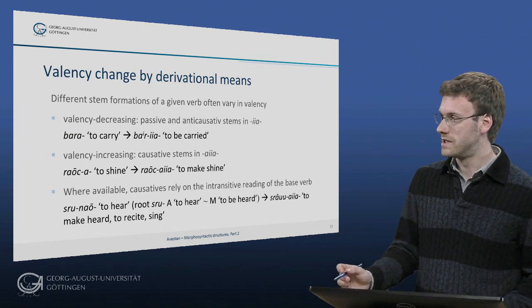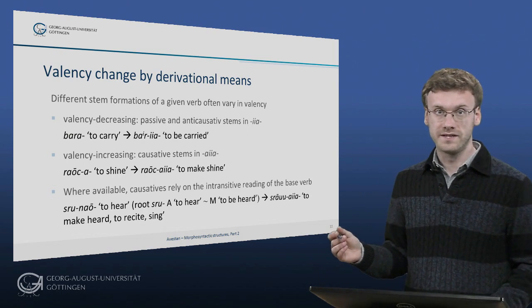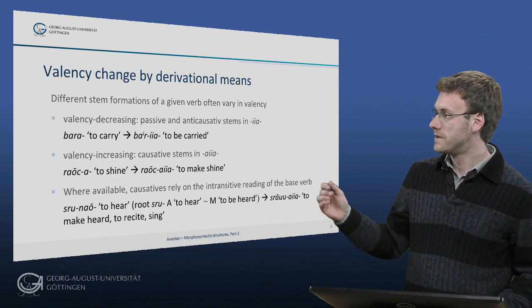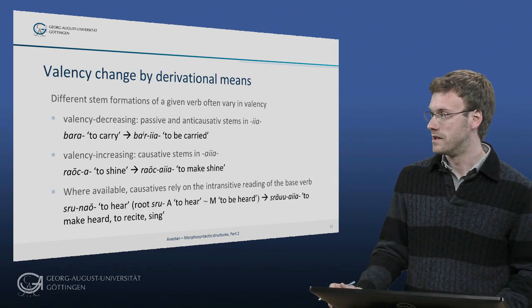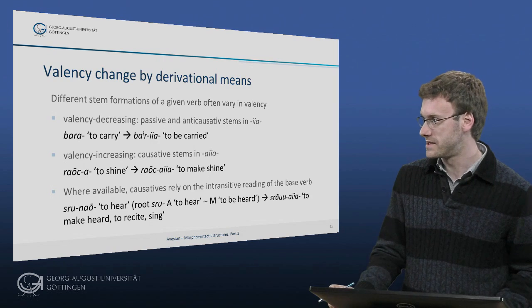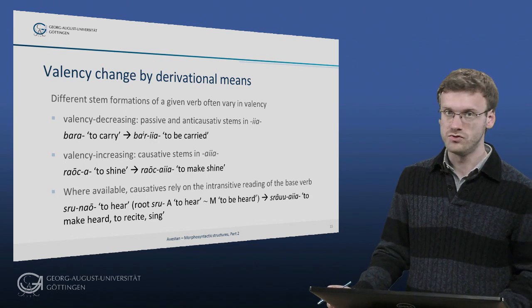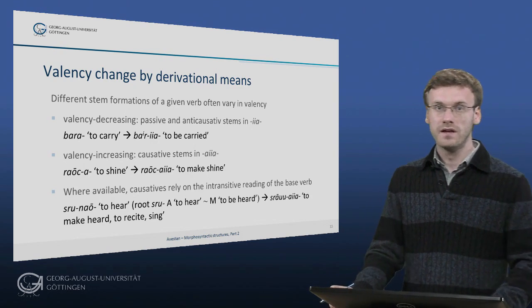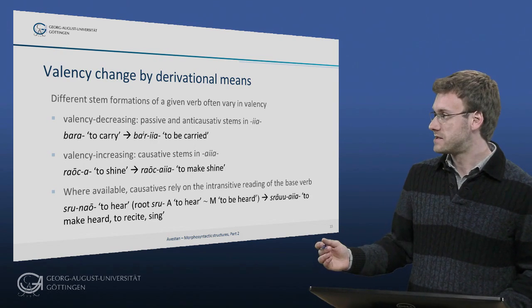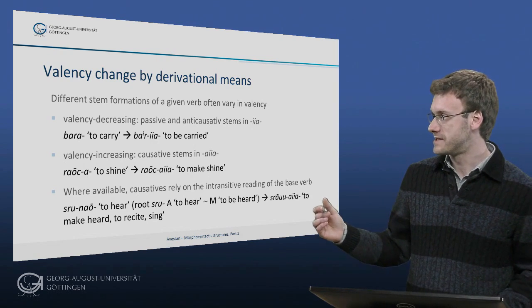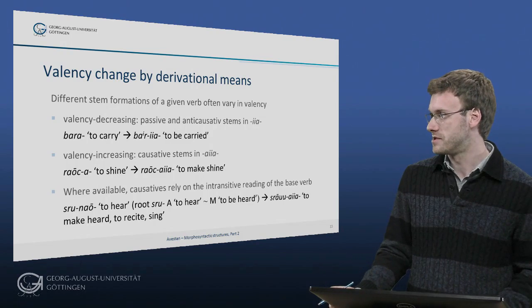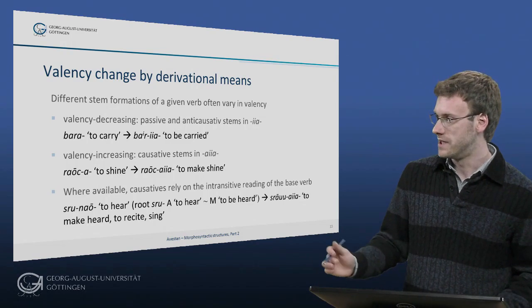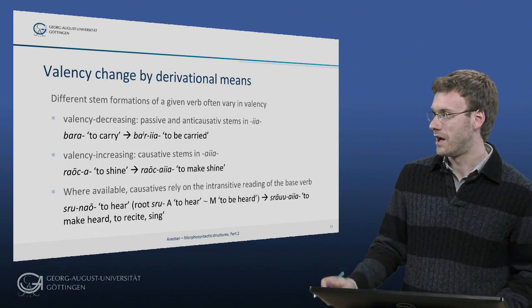As here illustrated by the example raocaya, to make shine, which stands beside another present stem of the same root, raoca, to shine. In this case, therefore, the aya stem can be regarded as a causative stem formed to the other stem, the simpler stem raoca, to shine.